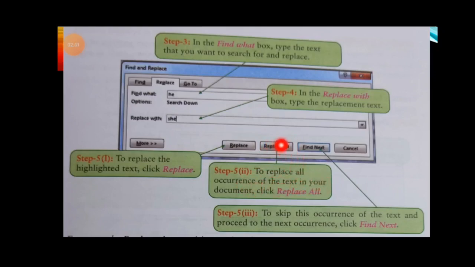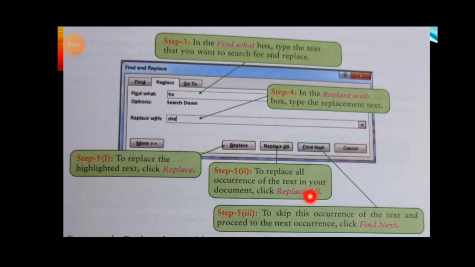Like if he is there 5 times, it will replace he with she. If you click on find next, after replacing the first word, it will move to the next he. Now it's up to you whether you want to continue the replacement or close it. If you want to cancel it, you can click on cancel.